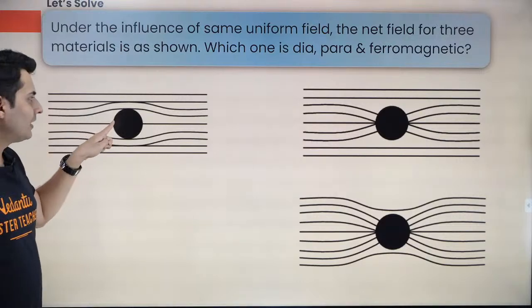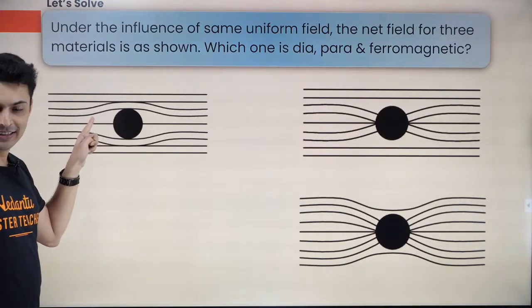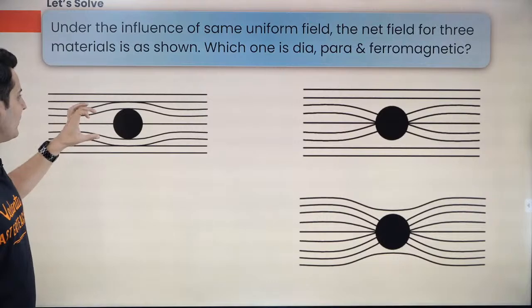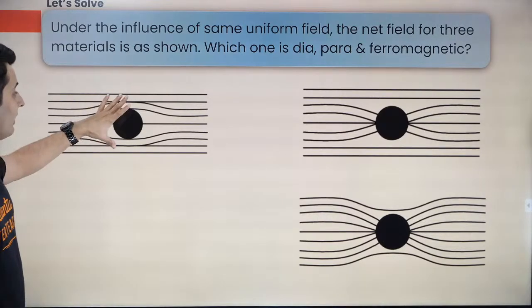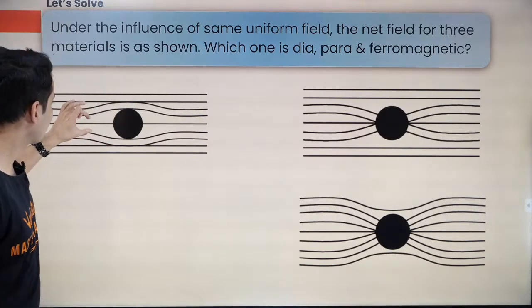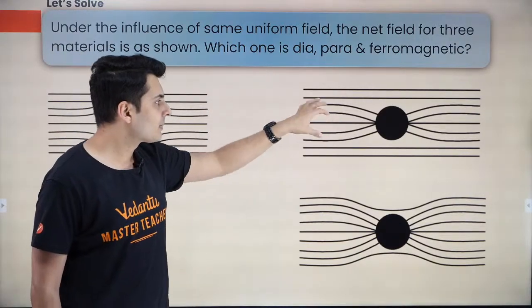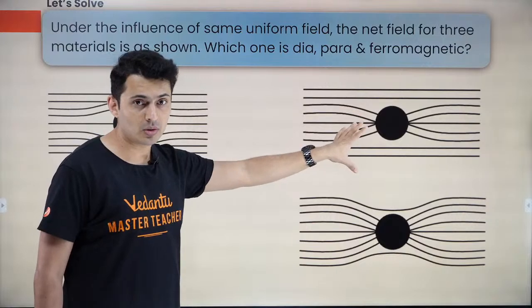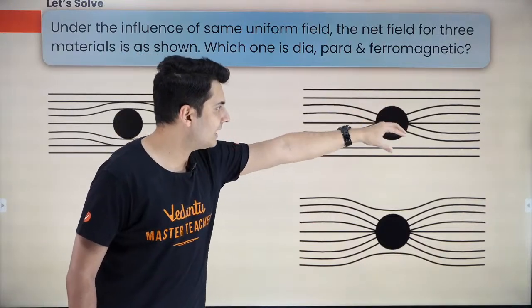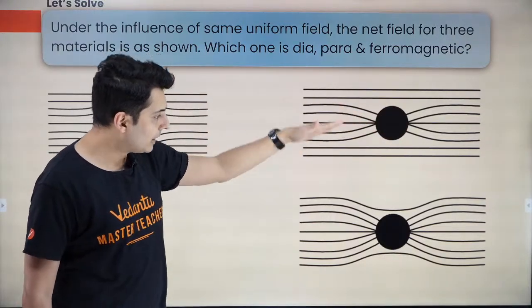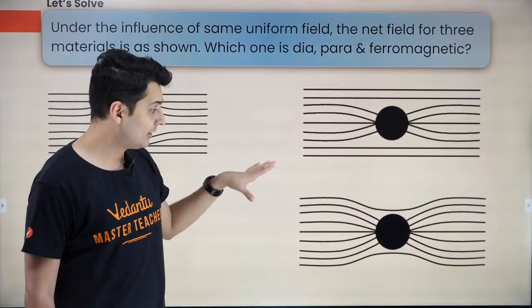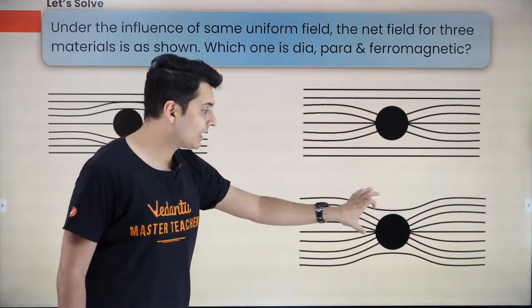I feel this one is the dia, guys, because look at the field. The field lines are going away from this material. Now if you look at these, the field lines which are coming from outside are coming inside the material, but if you compare both of them, here there is more tendency of being attracted.